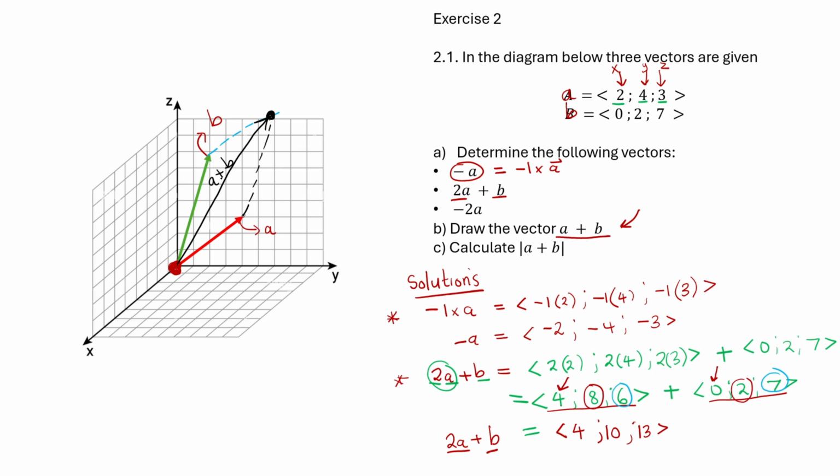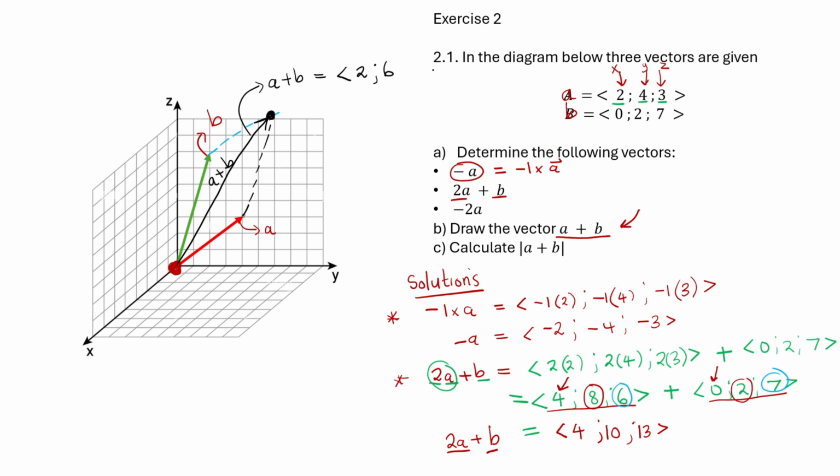And to calculate its components, you just have to add the components. If they ask what the components of the vector a plus b are, you add the x value of a, which is 2, plus 0, you get 2. You add the y value of a plus the y value of b, 4 plus 2, you get 6.